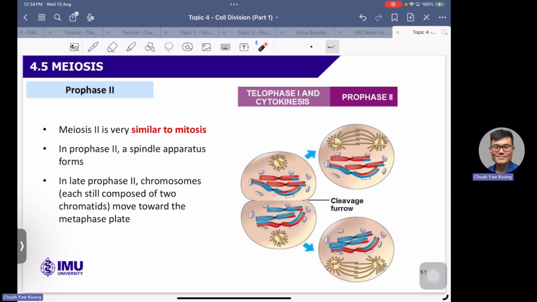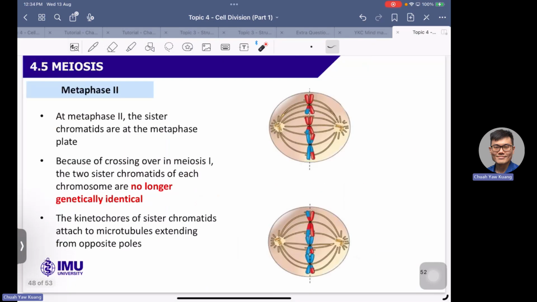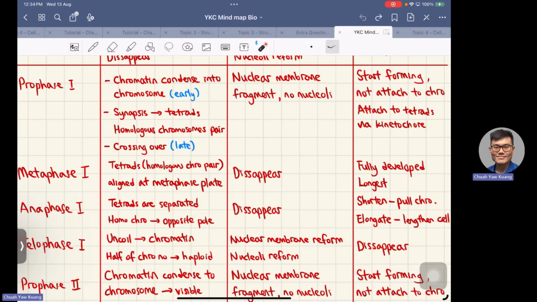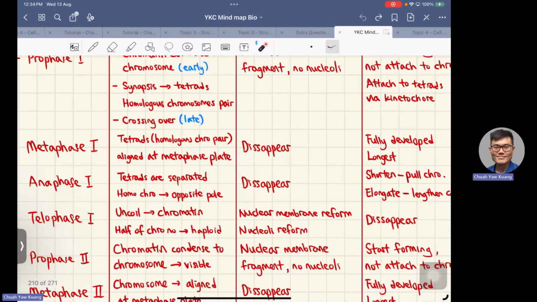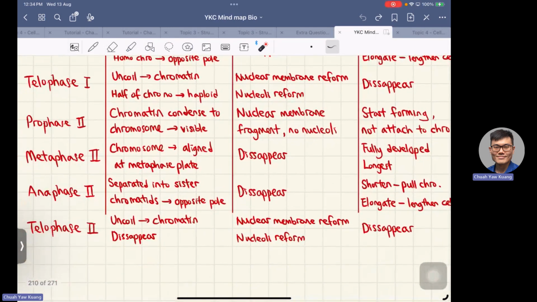Okay, so during this time, there's no synapsis, no crossing over. It's totally the same as the prophase in mitosis. So in prophase 2, everything is the same. So you copy from the mitosis.